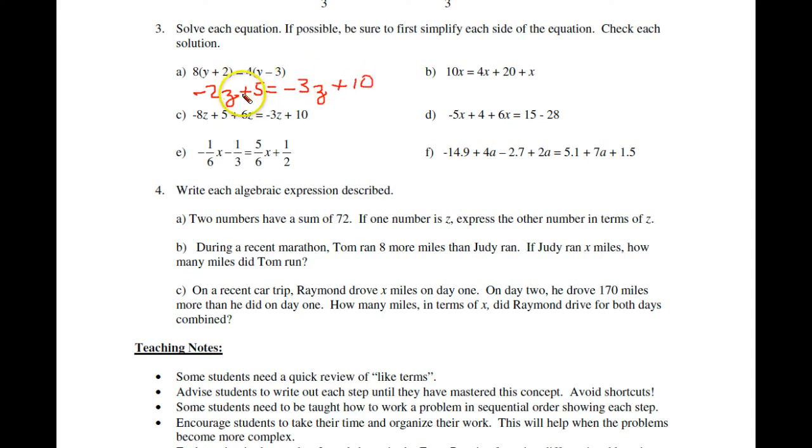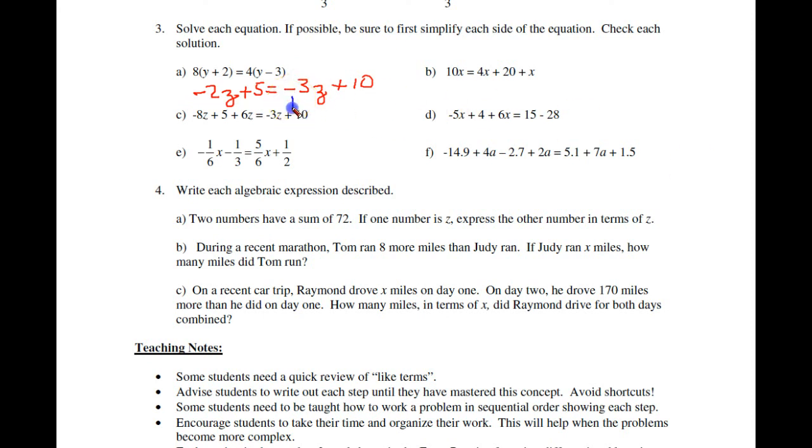So this is often considered the intermediate step, where you have a variable and a number, a variable and a number. You can't combine any terms, there's no parentheses. So now what you want to do is get all of your letters on one side and try to keep your letters positive. So what would you do here?